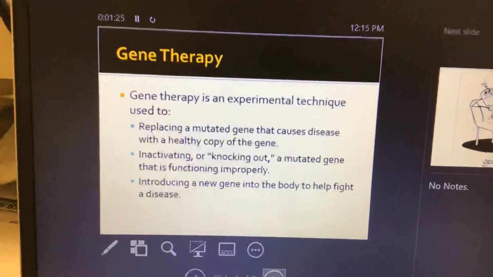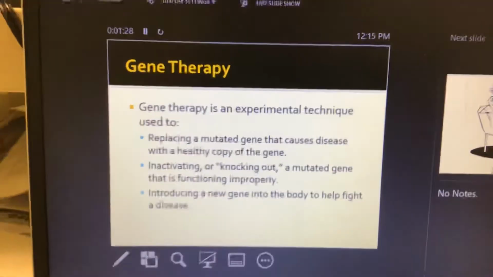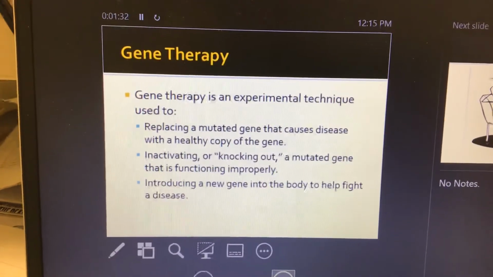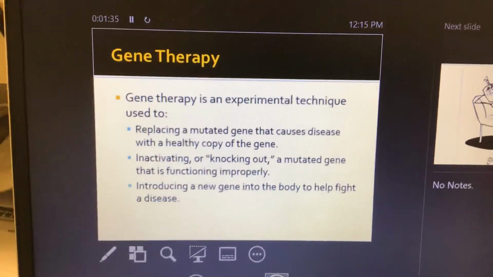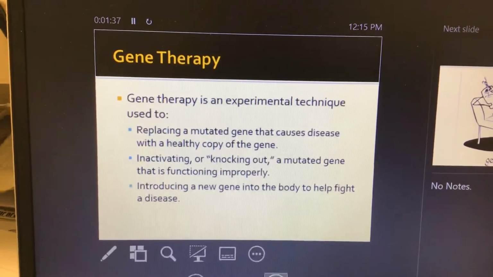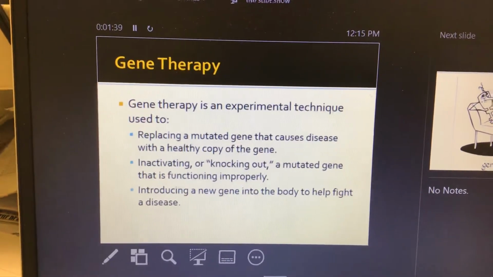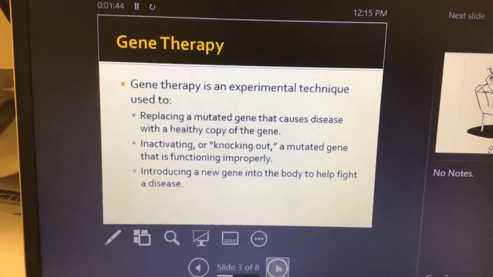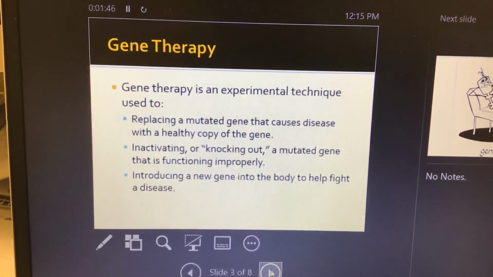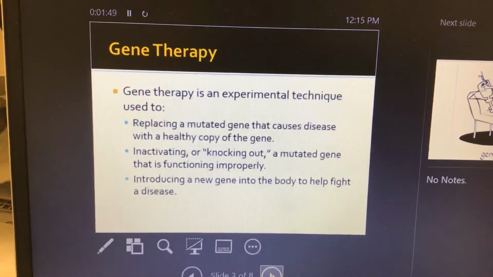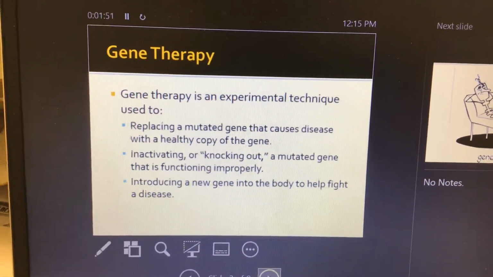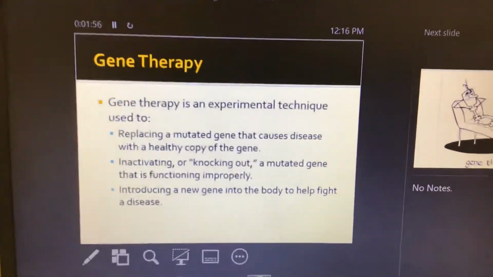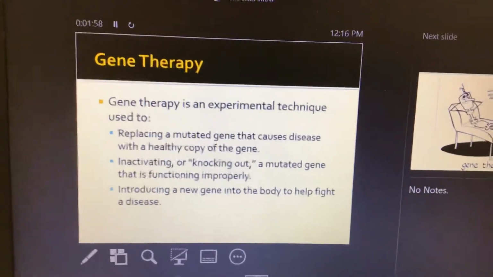And there's another thing called gene therapy. You don't need to write this, but basically it's removing a harmful gene and putting a new gene in there. Breast cancer is a genetic thing, and so I know you can get screened to see if you have the certain gene that puts you at risk for breast cancer, and there are ways to treat that by taking out that gene and putting in something better.